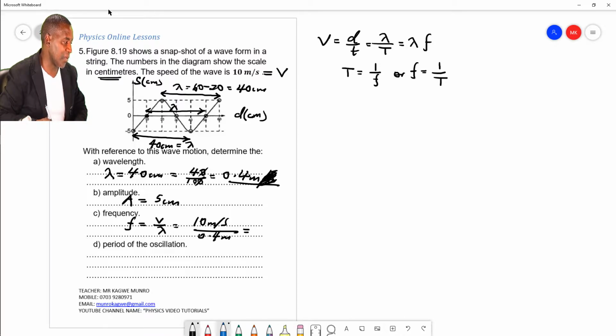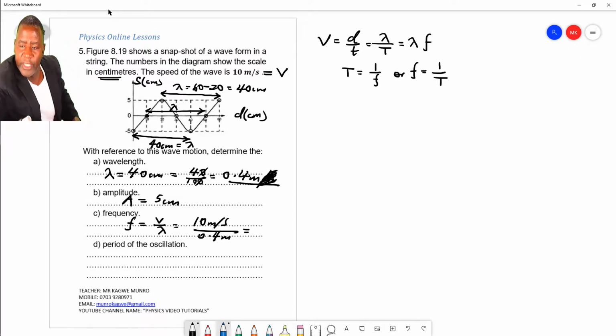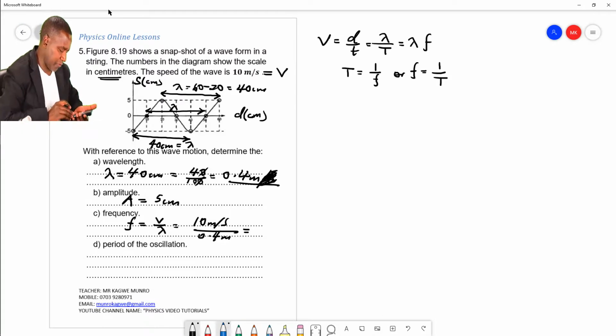Let me just get an accurate value for that. So that is 10 divided by 0.4, and I get 25 Hz, or 25 per second.